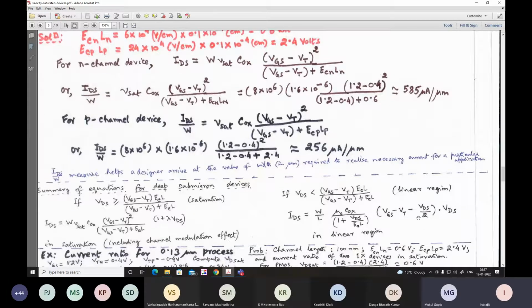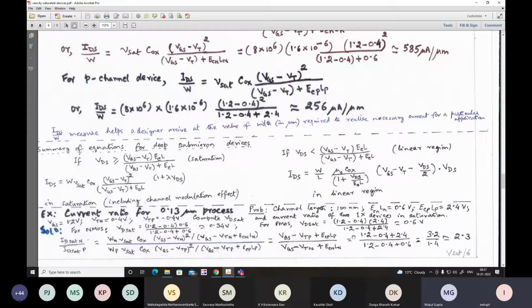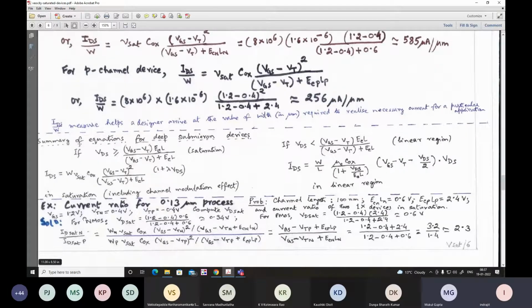Again, as far as the current ratio for 130 nanometer process is considered, you see that for channel length 100 nanometer, the product of the critical field and channel length is 0.6 volt.